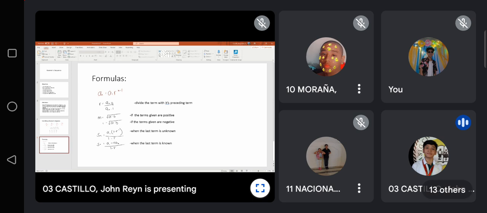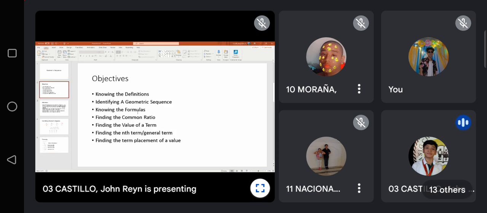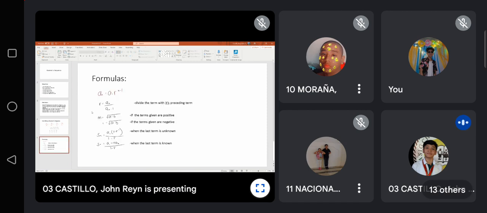We can use this formula to find the common ratio, the value of terms, the general term, and the placement of the term. So always remember this formula.